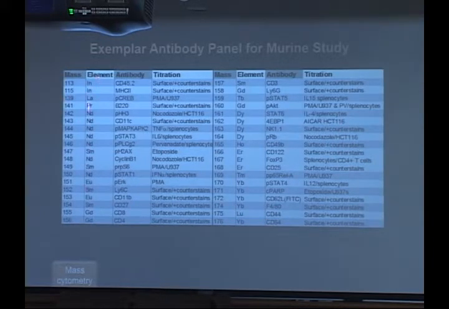Here's the element and its mass. Here are the antibodies, and this was for a collaboration looking at a mouse knockout. Rather than put all the clone information, I put in how we titrated everything. And this actually took quite a long time to do. It was a few months.